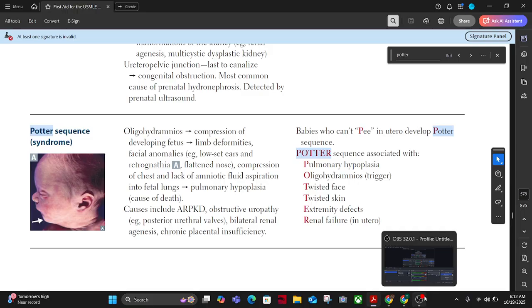So you don't give valproic acid. You give a different mood stabilizer because valproic acid decreases the folate levels in the mom. So there's an increased chance for spina bifida. Okay, so you give levetiracetam.